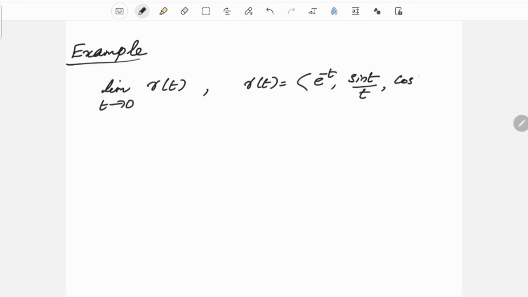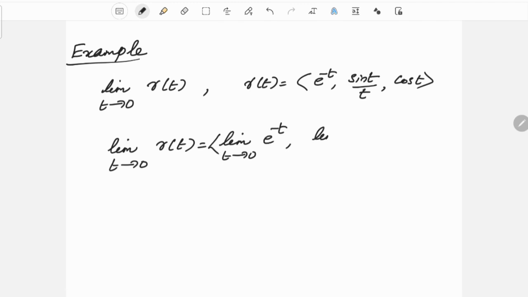Here the limit is equal to limit t tends to 0 e raised to minus t, limit t tends to 0 sin t by t, and limit t tends to 0 cos t.